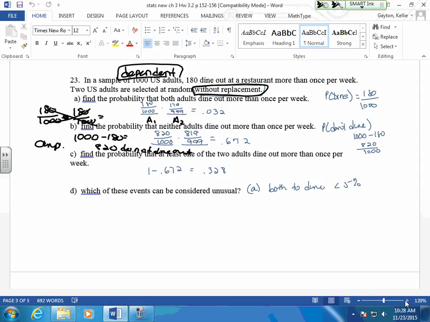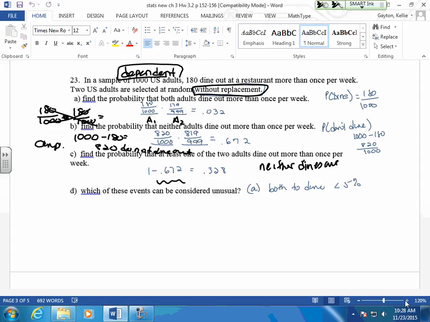So we get 820 out of 1,000 times 819 out of 999. And there would be a better probability than the not part, right? Because there's more people to choose from. It would make sense. Find the probability that at least 2 dine out more than once per week. The only one you don't want is that neither dines out. So use your complement case.